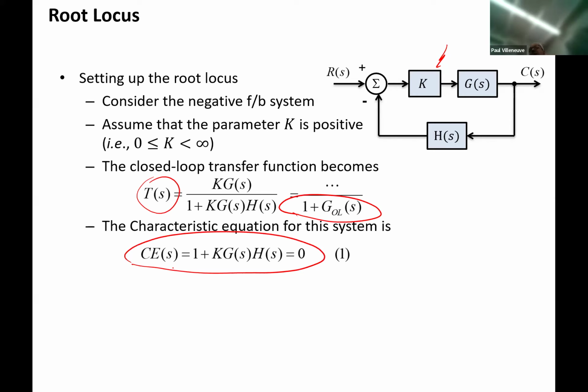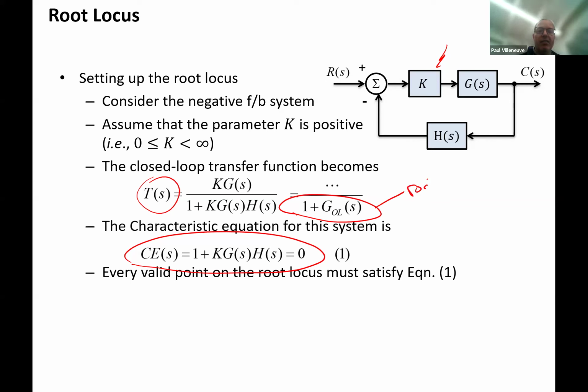And as we've mentioned, even at the beginning of this class, our characteristic equation is what's going to characterize what the output is. So every valid point, every valid root that we guess on our whole pole-zero map has to satisfy this equation, 1 plus k GH, right? Because the definition of a root is an S so that the CE equals 0. This is a requirement.